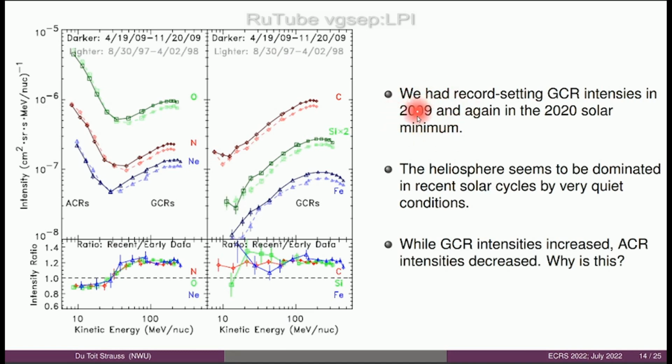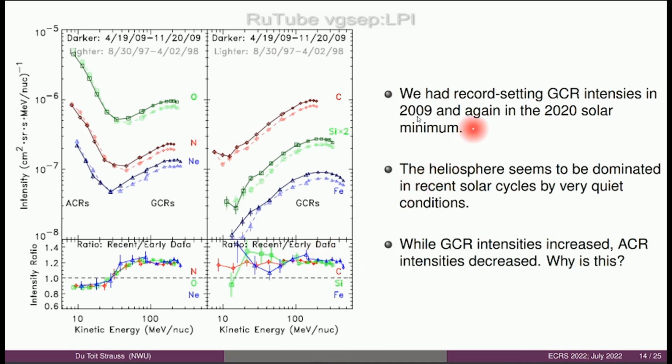In 2009, we had an anomalous increase in the galactic cosmic ray intensities at Earth. We had record-setting intensities measured by both spacecraft and neutron monitors on the ground. And I think in general, at energies of about 100 mega electron volt per nucleon, the intensity was about 20% higher than expected.